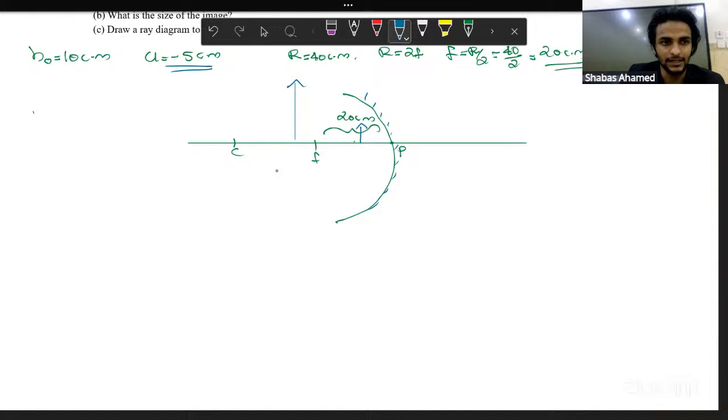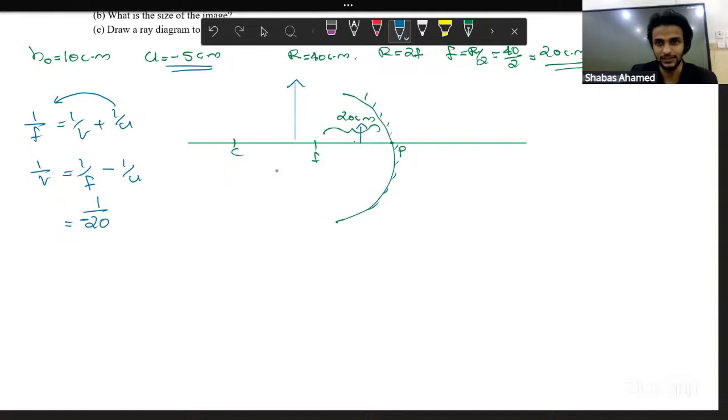Therefore, we can say 1 by f is equal to 1 by v plus 1 by u. So let's find 1 by v equal to 1 by f minus 1 by u. That is, I'm taking 1 by u to the left side. Here the focal length is not 20, it is negative 20. Understand? Because this is a concave mirror. So it will be negative.